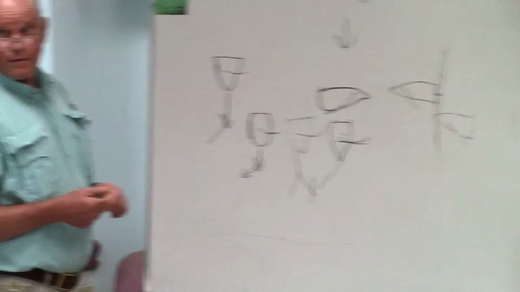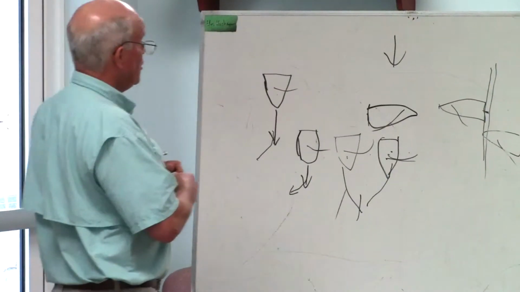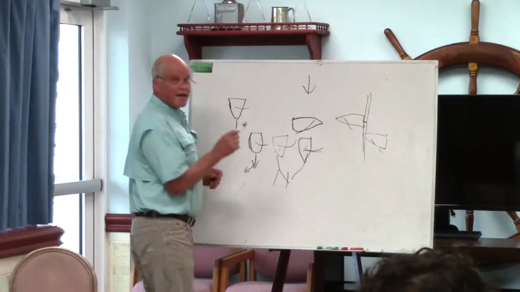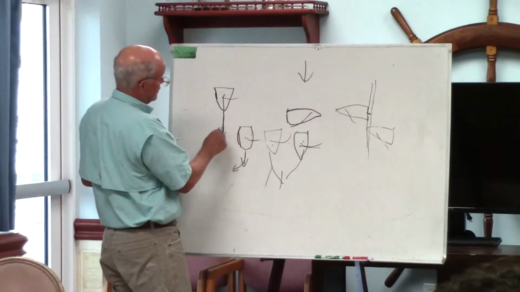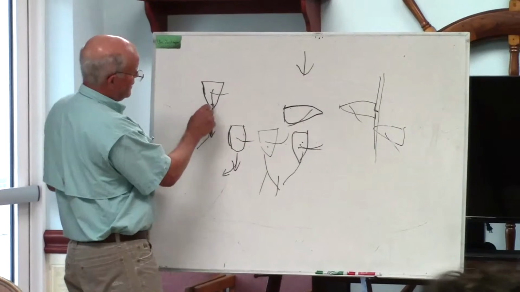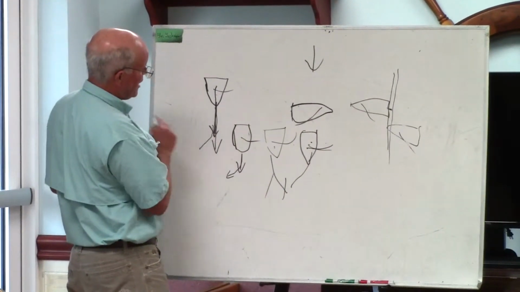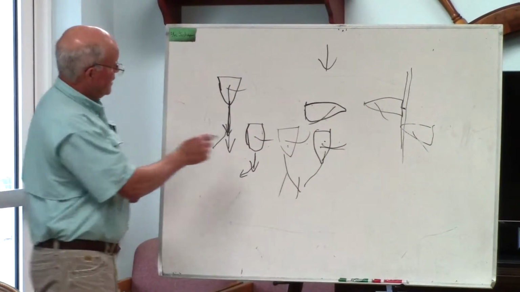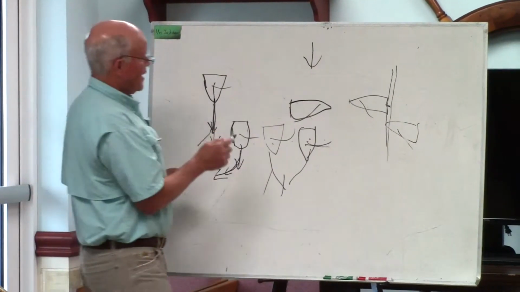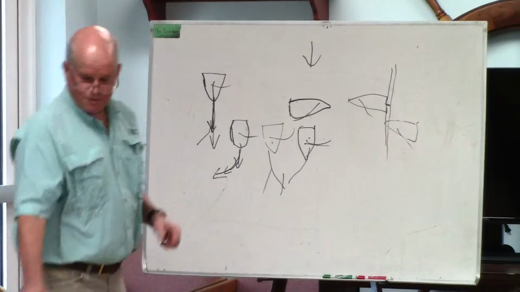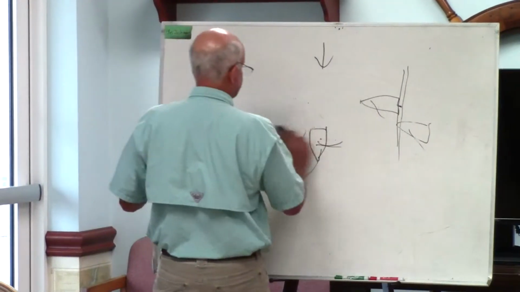Again, it depends on how the overlap was established. If the boat approaching develops the overlap from the windward side, then this boat can defend. Now, what if this happens?